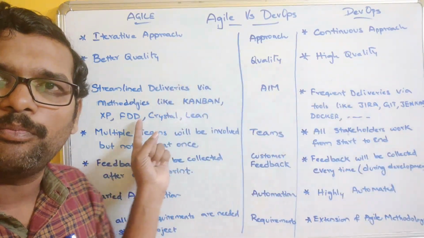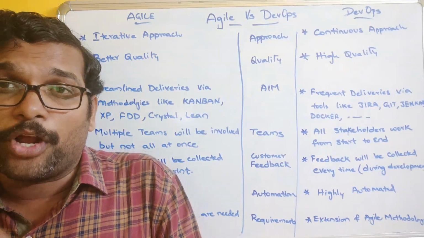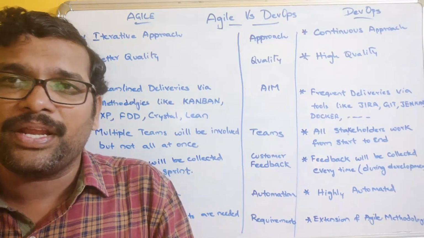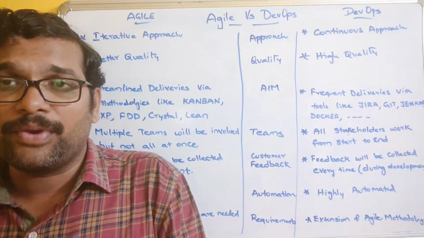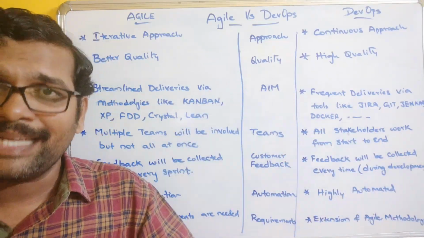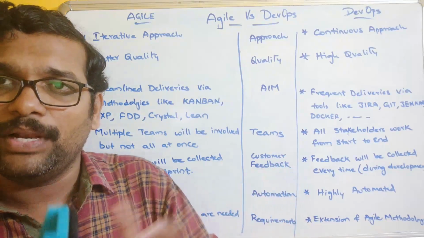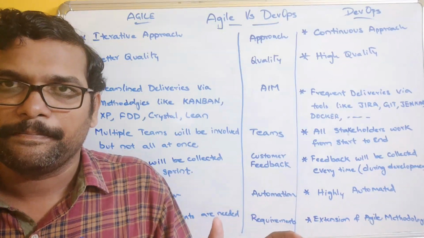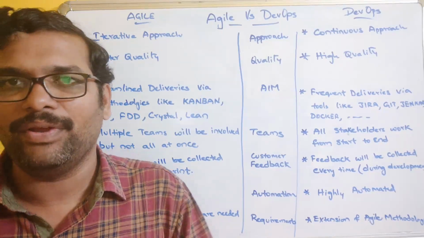To avoid that, we moved to the Agile methodology, where the project is delivered in frequent releases. After every release, feedback is taken from the customer and accommodated into the next release. But the development team and the operation team work separately, which gives a delay in the schedule or delivery.